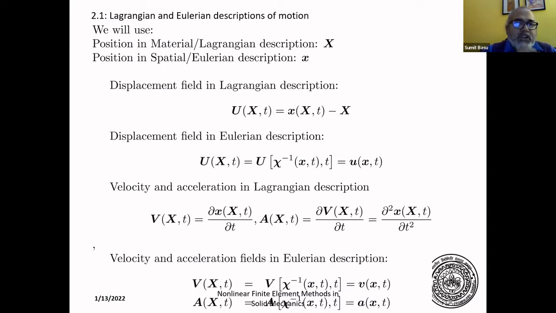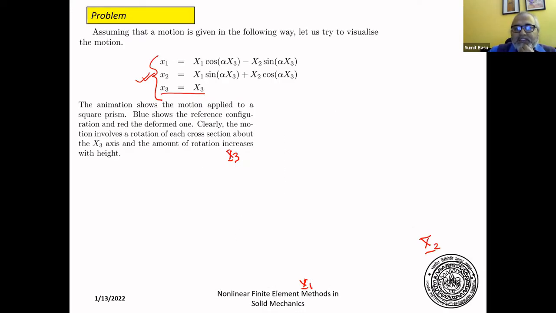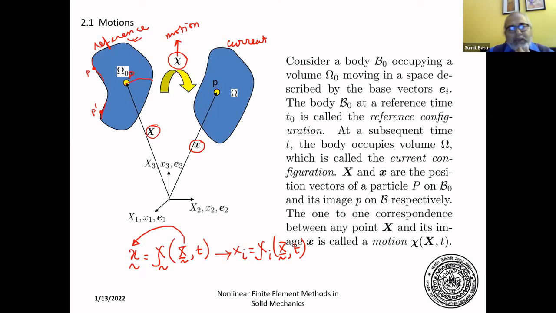Now, we can look at motion from two points of view, called Lagrangian and Eulerian. Position in the Lagrangian description, which is also called the material description, will be denoted by capital X, and in the spatial or Eulerian description, it will be denoted by small x.